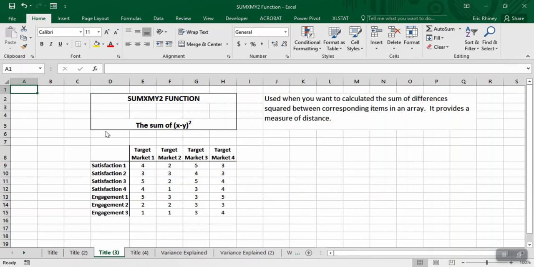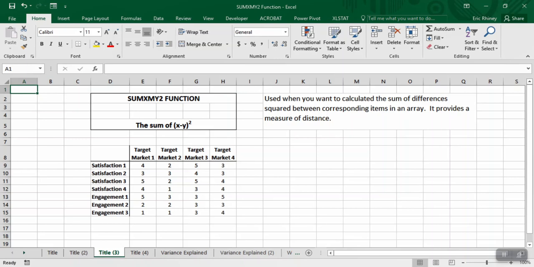We could also do this horizontally instead of vertically. We could measure variable 1 of satisfaction and variable 2 of satisfaction and see how closely together they are in relationship to the corresponding ratings from the various target markets. Then we can measure satisfaction 1 and satisfaction 3, and see if maybe we can combine these into one offering of some sort.